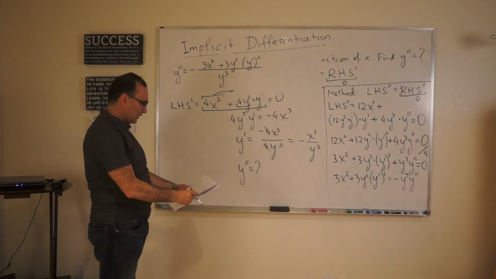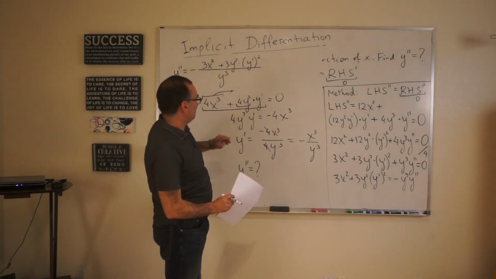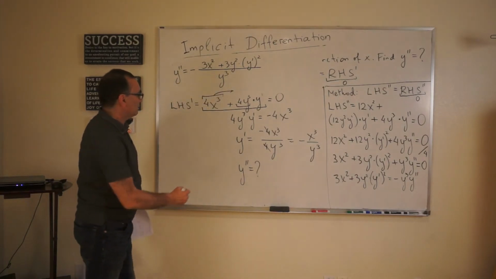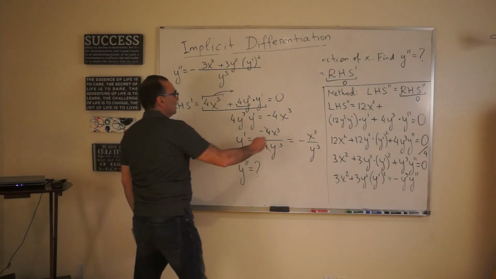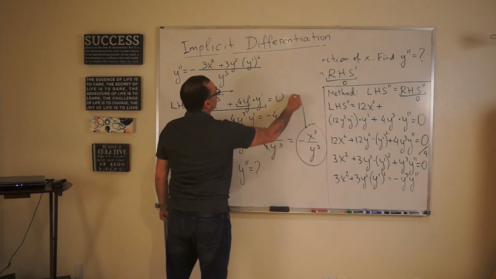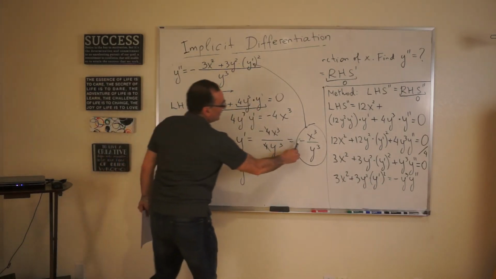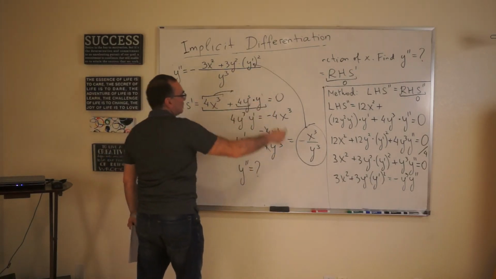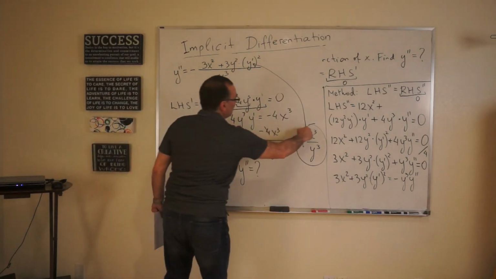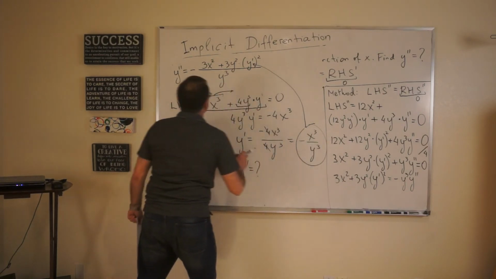So it's almost done, except we need to replace this y prime with whatever it equals in terms of x and y. And we know what it equals, it equals this. So basically we need to plug this term into here, and since it is squared, this minus will go away. Minus squared is plus, so we need to square this, so it will be x to the power 6 over y to the power 6.